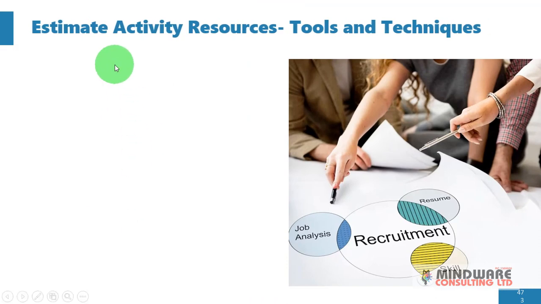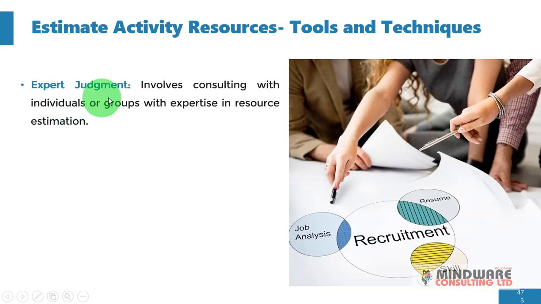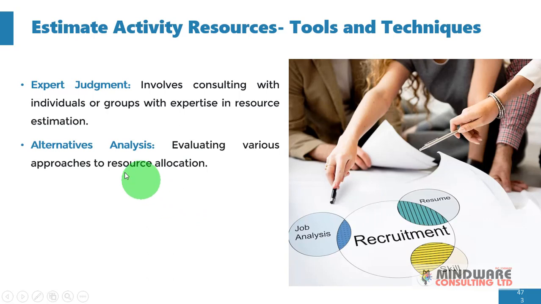Next are the tools and techniques that we use in this sub-process. The first is expert judgment. Like always, you're going to need to consult with individuals or groups who have expertise in resource estimation. So this is very important. Alternative analysis is the next technique, and this involves evaluating various approaches to resource allocation.